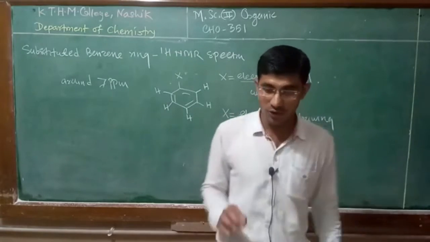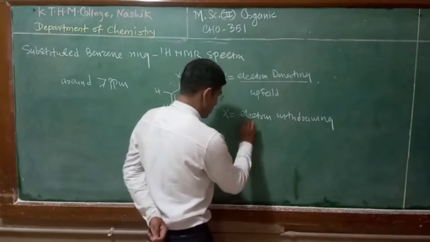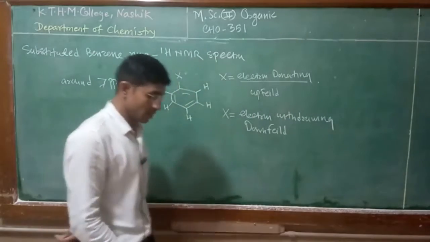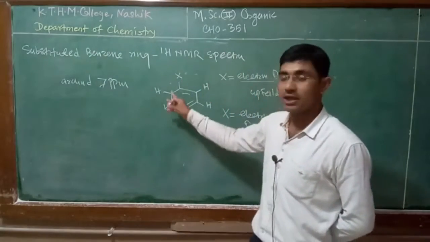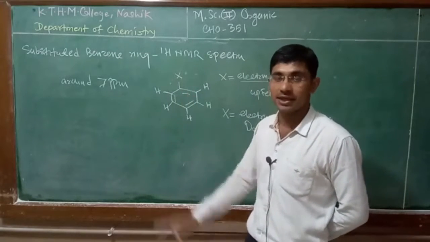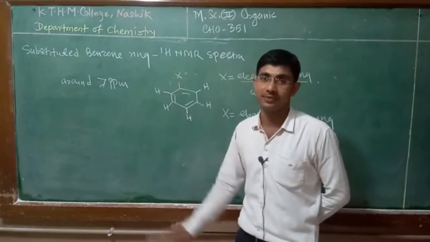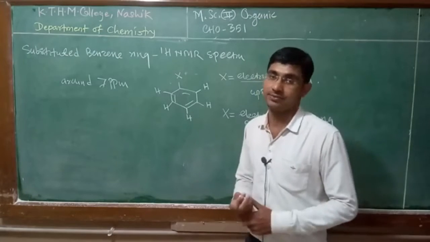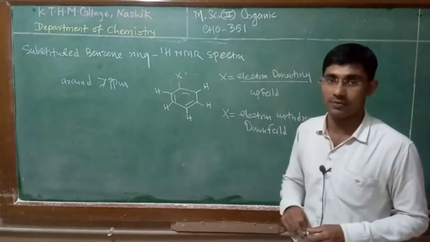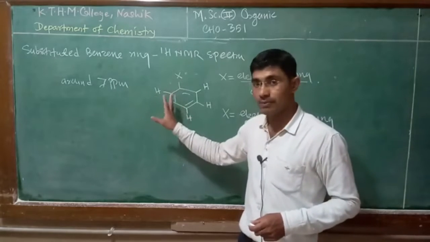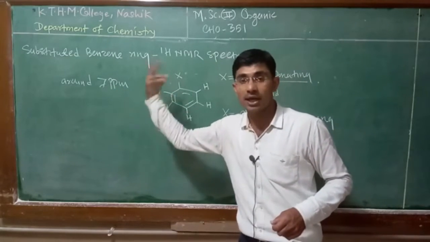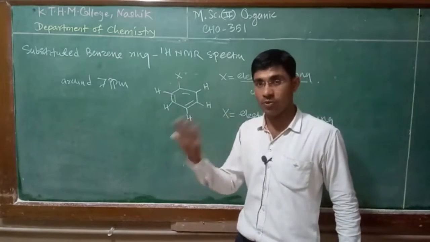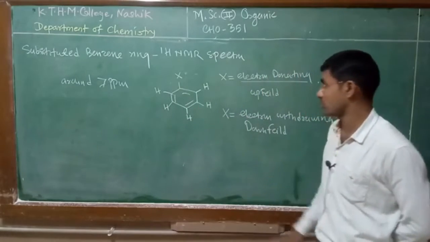When an electron withdrawing group is present in benzene, the electron density in the ring decreases, so the protons become deshielded, and deshielded protons come into resonance at low field, meaning we require a lower field or downfield. These protons appear at more than 7 ppm in 1H NMR.